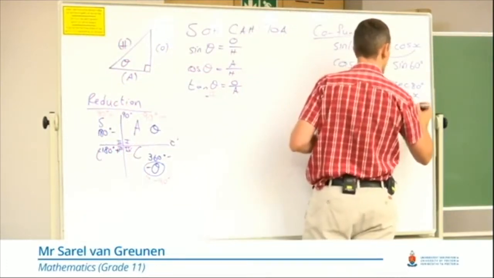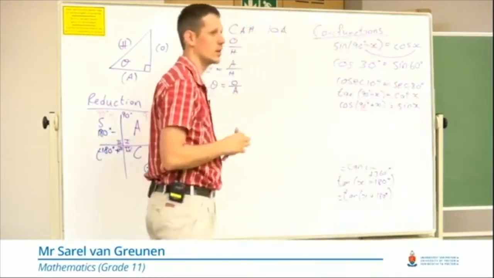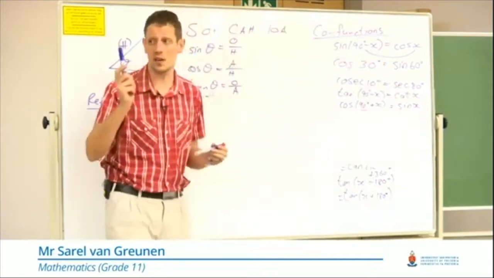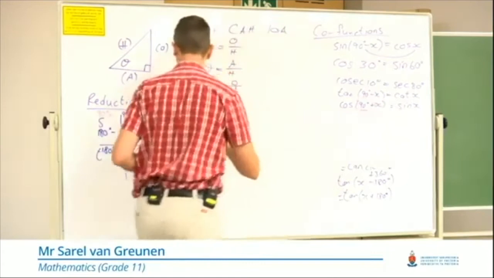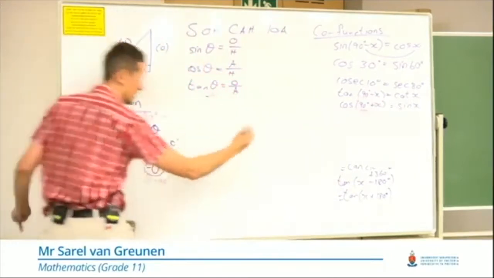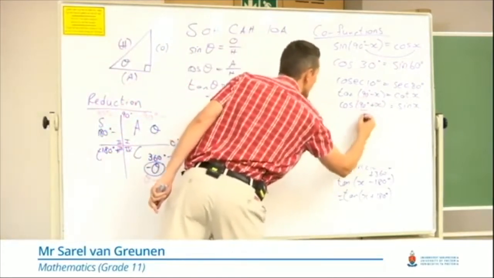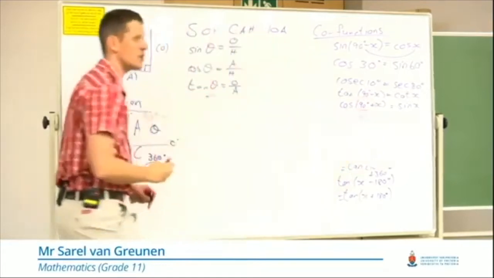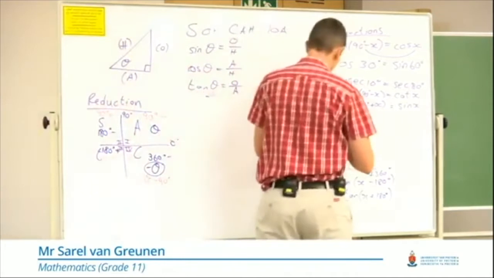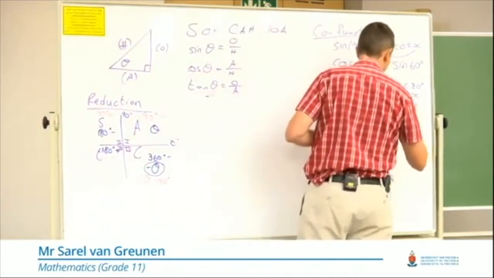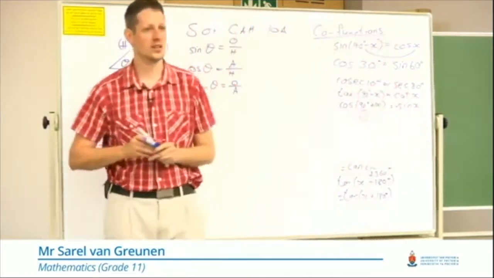Sine of x. But now, be careful. The 90 plus is in which quadrant? Second. Is cos positive or negative there? Negative. So it's going to be negative sine x.